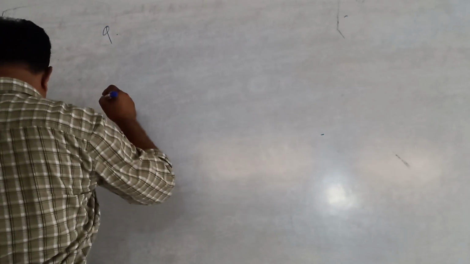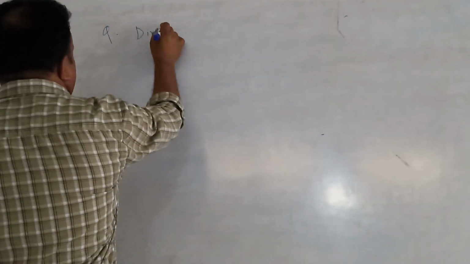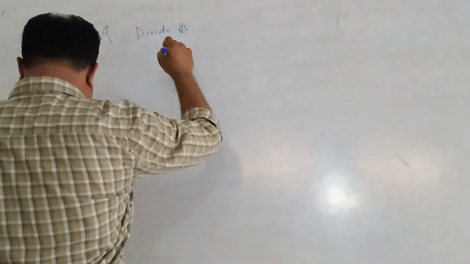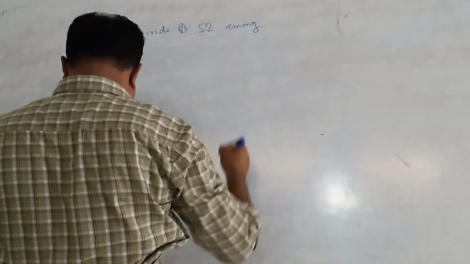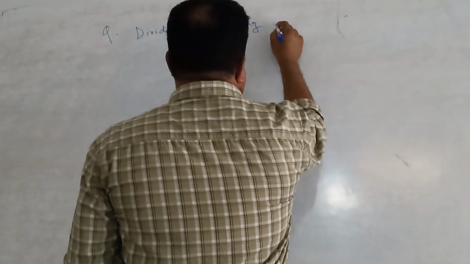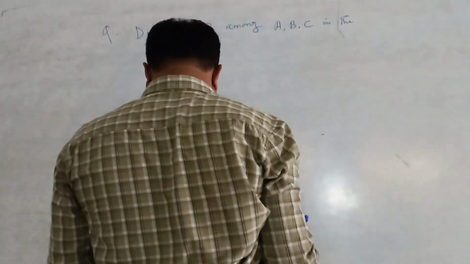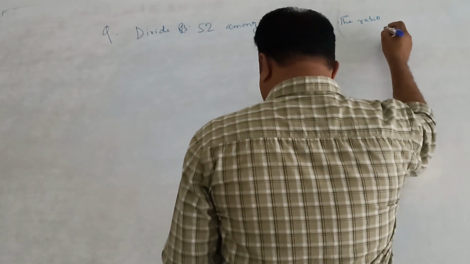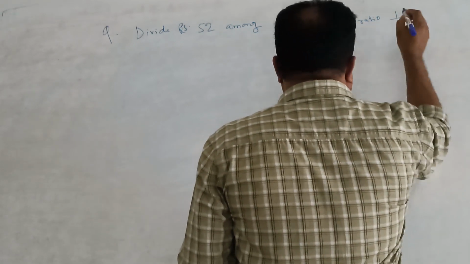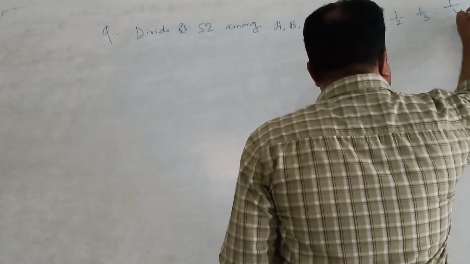Another example is: divide rupees 52 among A, B, C in the ratio 1/2 is to 1/3 is to 1/4.